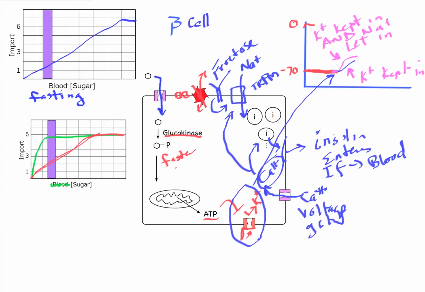Greater extent of depolarization keeps these channels open longer, and this calcium coming in for longer, and so more insulin is secreted out into the interstitial fluid and enters the blood.